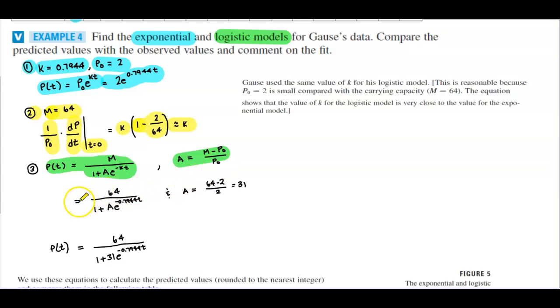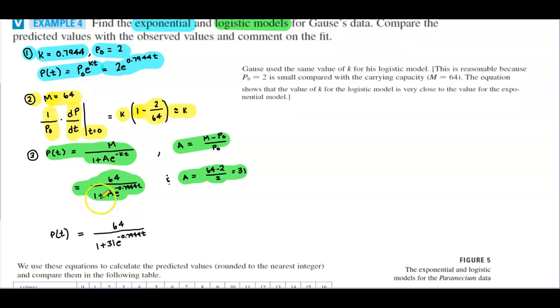So we have the carrying capacity, 64, divided by 1 plus a times e to negative 0.7944 t, and that was the value of k. And then in order to find out what a is, we would take 64, subtract 2, and divide it by 2, and so we would get 31. So now we know that our logistic model, P of t, is going to equal 64 divided by 1 plus 31 e to negative 0.7944 t.